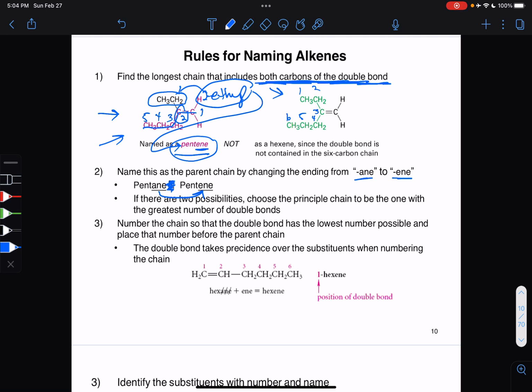We need to indicate where in the chain the double bond is, and that brings us to rule number 3. So that says number the chains so the double bond has the lowest number possible. We already talked about that. And place that number before the parent chain.